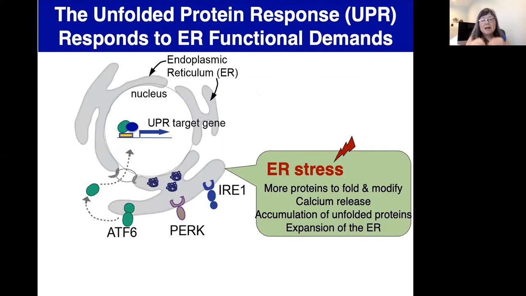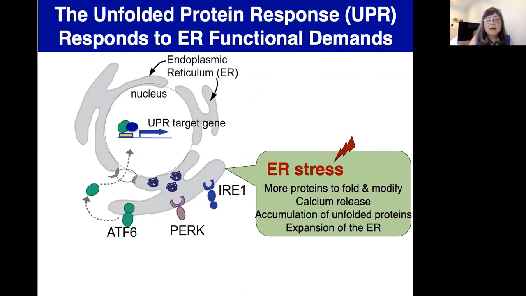So again, in response to ER stress, and throughout my talk I'm going to use this term ER stress, collectively referring to increased demand of ER functions or the accumulation of unfolded proteins, the UPR initiating components, IRE1, PERK, and ATF6 in mammalian cells, are activated.